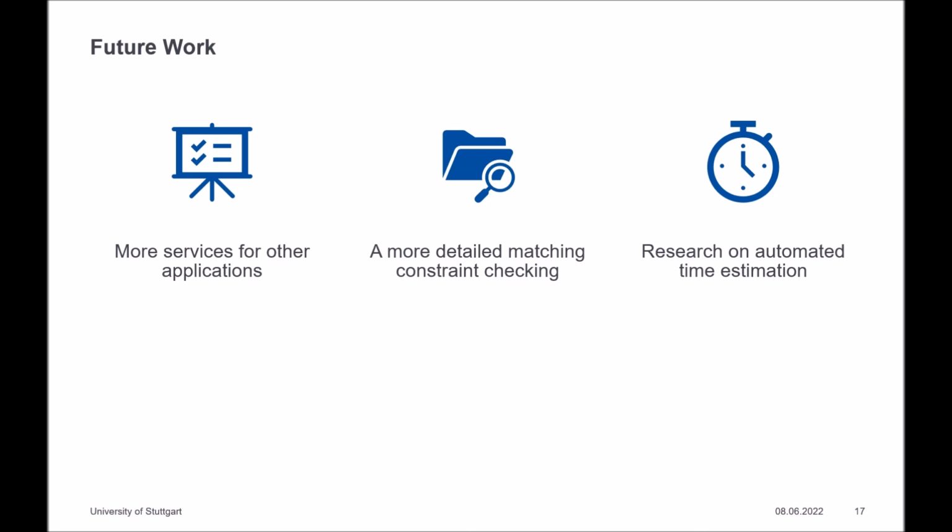Furthermore, the amount of data could and should be enhanced for more detailed matching constraint checking, for better output solutions, if a machine can really perform a task. The simple approach with the limited amount of data we had to work with might not be sufficient.